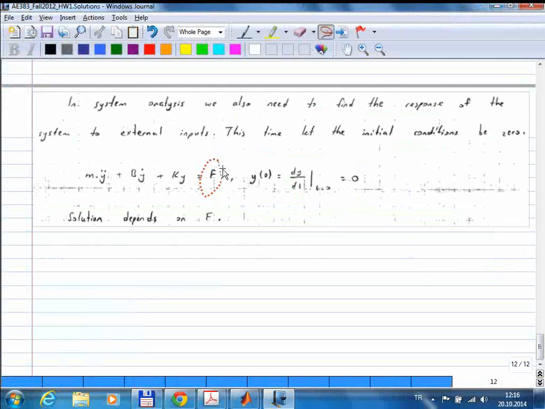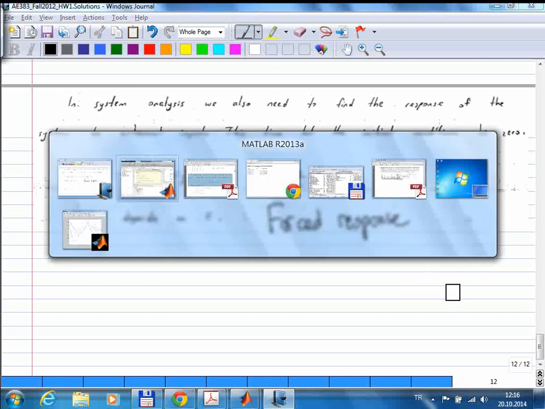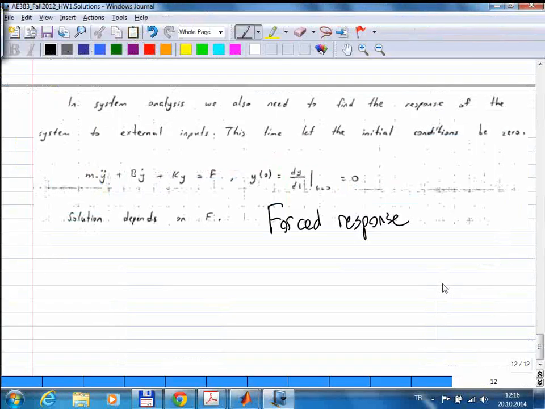But we have an external force. And this is called the forced response. The previous one was the free response. So the solution will obviously depend on what f is, right?